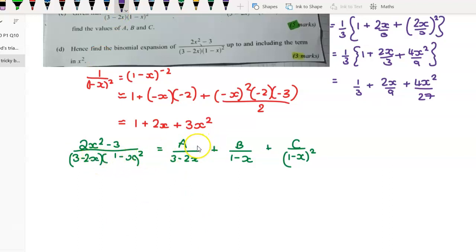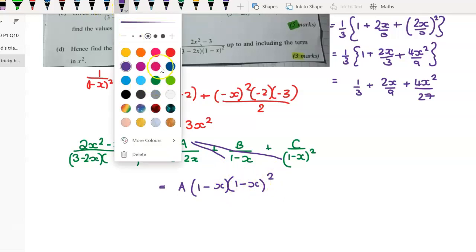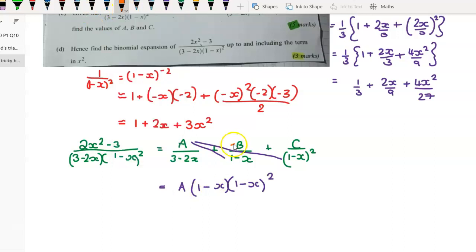So if we multiply that A by that denominator and that denominator, you get A times (1 minus x) times (1 minus x) squared. And we're going to multiply the B by that and that. So we've got plus B times (3 minus 2x) times (1 minus x) all squared.